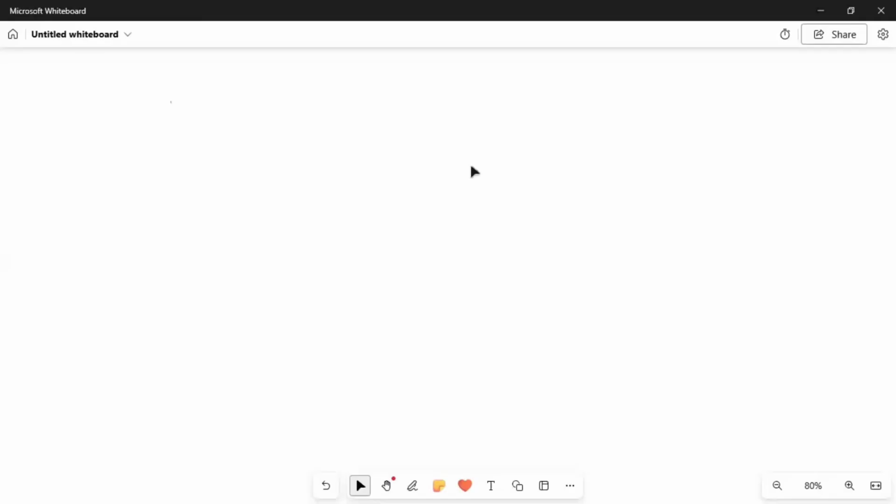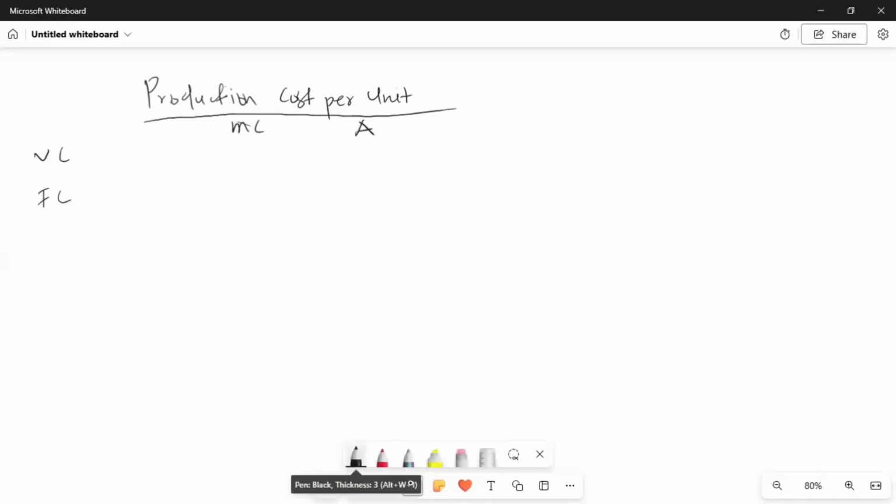of the two methods. First of all, when you have this question, the first thing you have to do is find the cost per unit for the variable, the marginal cost. When you look at the question, we have the variable production cost per unit to be 4, and we have our fixed cost.